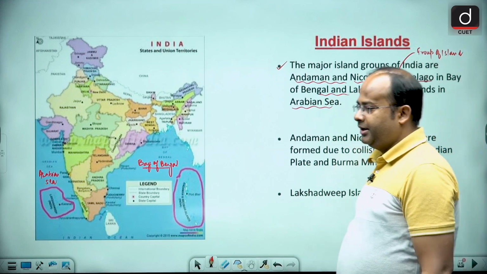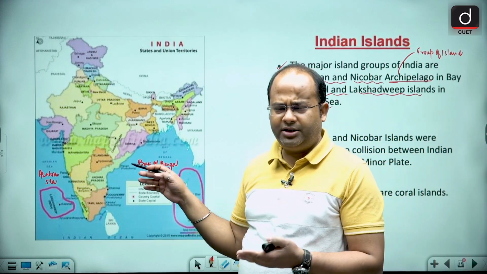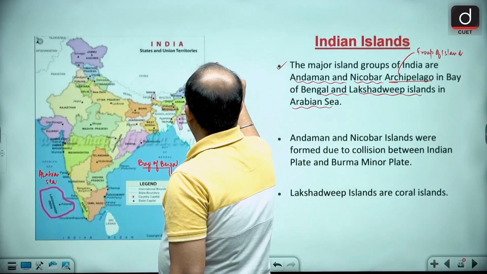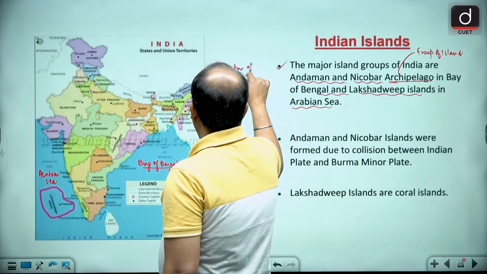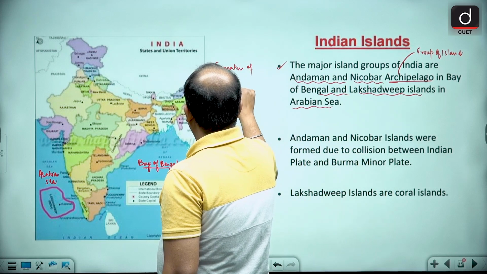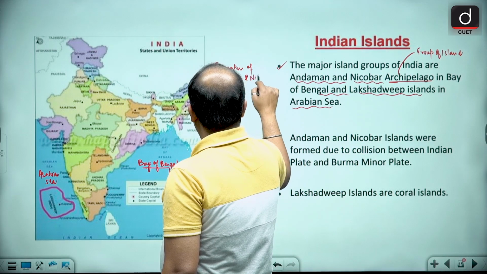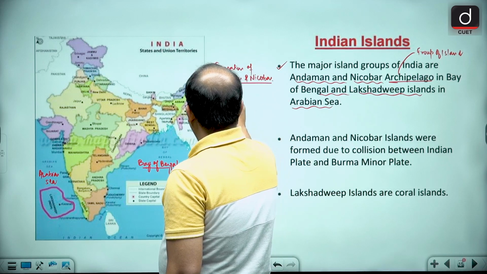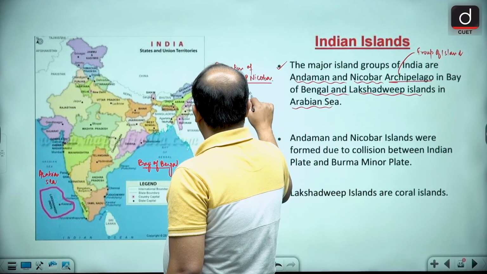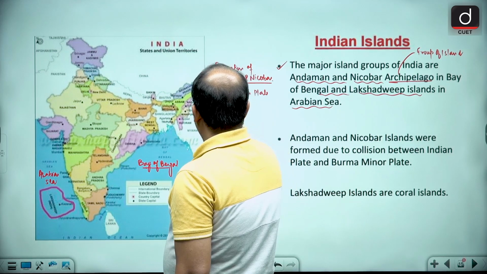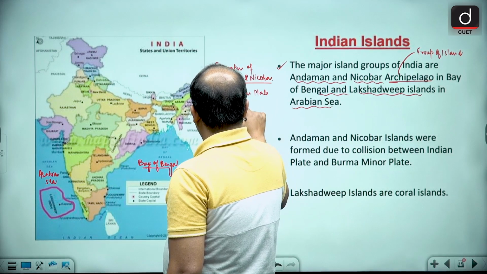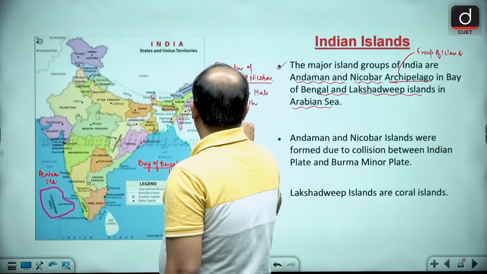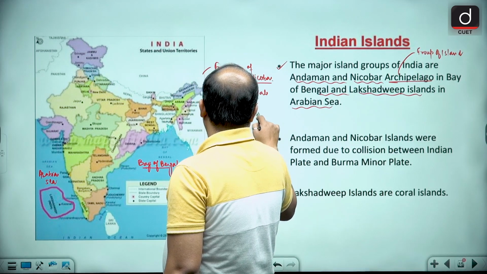So Lakshadweep Island is in the Arabian Sea, and Andaman and Nicobar is in the Bay of Bengal. Now guys, the formation of Andaman and Nicobar. They were formed after the Indian plate collided with the Burmese minor plate.